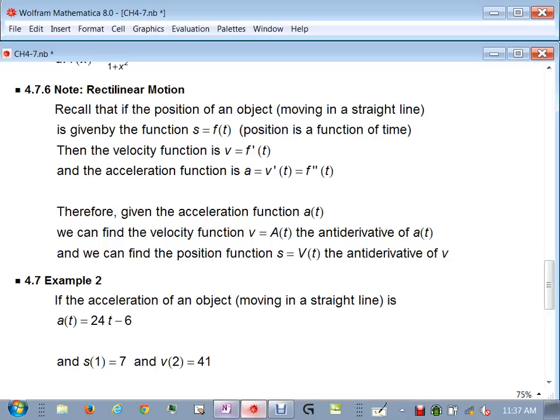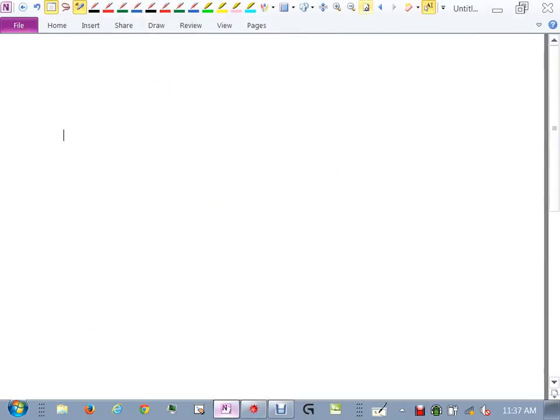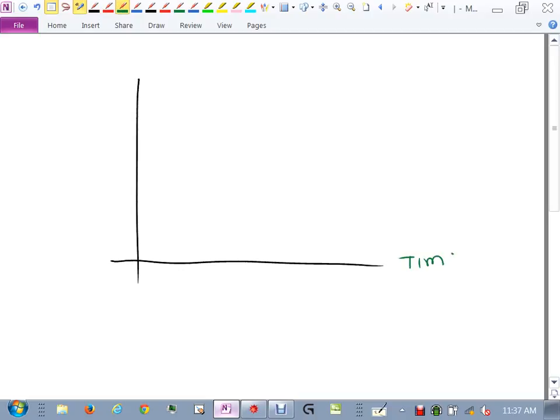This always kind of made sense to me as a student. I don't know if it does to you. But just think about an object. If this is time, and this is position, and I tell you exactly at every point in time where something is, in other words, I can draw a curve that tells you exactly where an object is at every point in time, then it would make sense that I should be able to tell you its speed and its acceleration at every point in time.